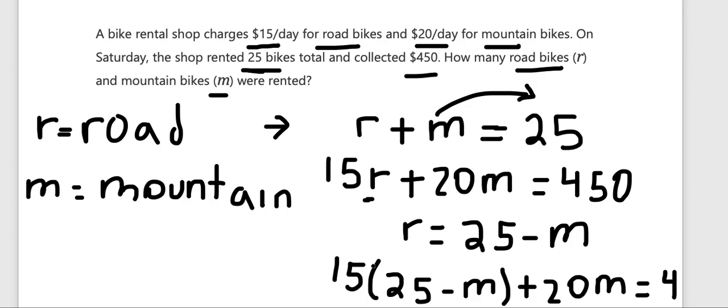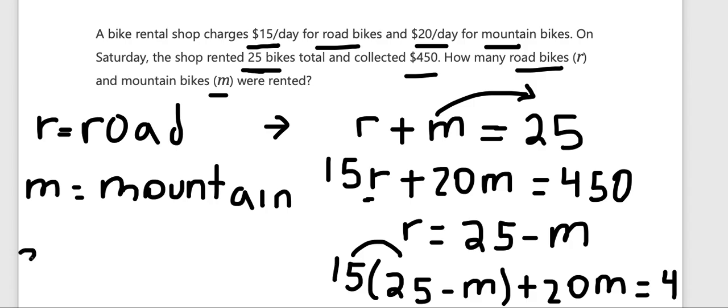Since I don't have any more space, I'm going to come over here and do it on this side. So you multiply 15 times 25, and how much is 15 times 25? Let's see, calculator. 15 times 25 is 375.